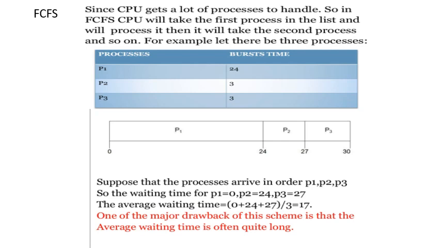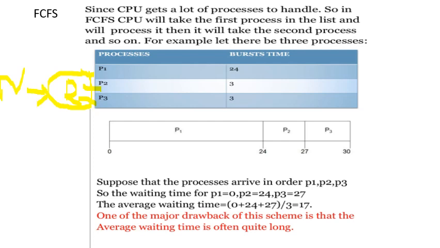Suppose there are three processes, and I want to show you an example of this: process P1, process P2 and process P3. They are all in the ready state, meaning they have moved from the new state to the ready state.